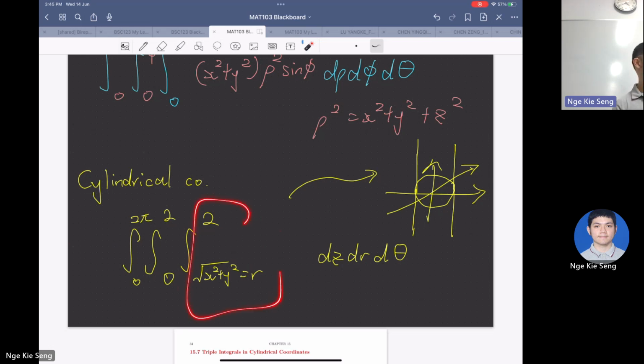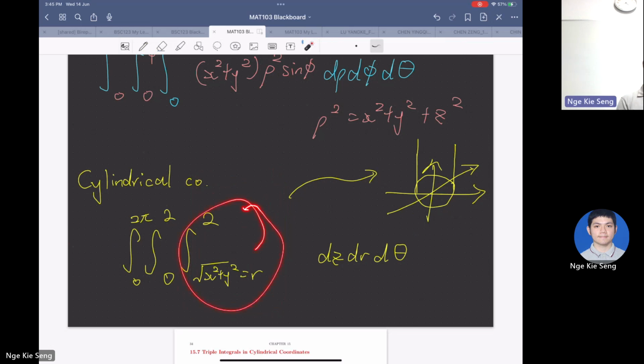How does this change? This r depends on my xy. When my xy is at the origin, I get 0 for r, so the height interval is the longest.